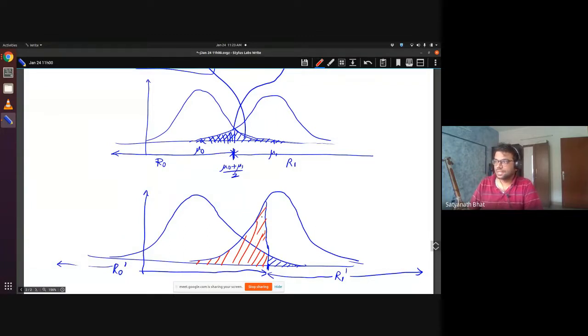So this region that I'm shading again in black is an extra error in comparison. So as a result, we are getting lower error in the base classifier against any other threshold based classifier, at least in the two class problem.